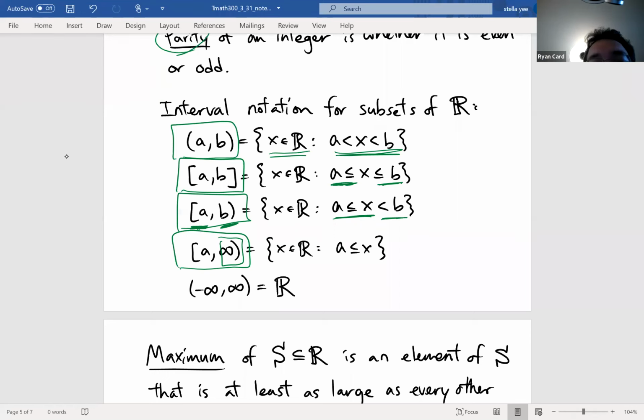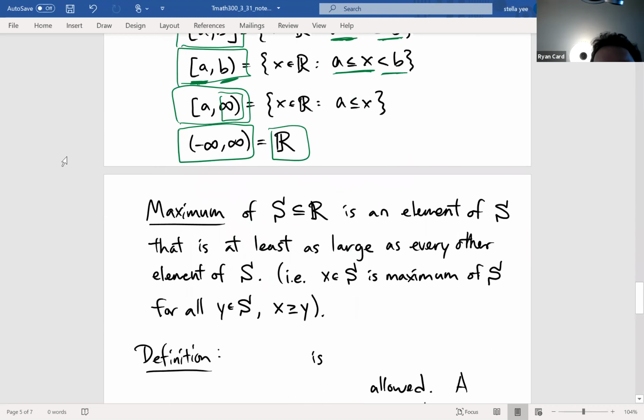It's just a direction on the number line. You could do something similar with the lower endpoint of the interval as well. If you talk about all of the numbers from negative infinity to infinity, that's all real numbers, so that's equivalent to talking about the real numbers R.